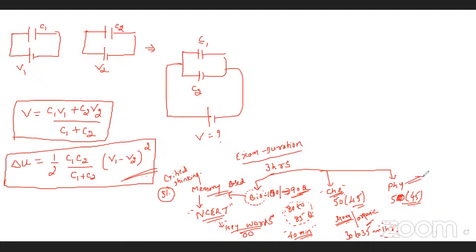Coming to the deciding factor: it is decided by physics only. As you know, out of 45 questions, a minimum of 40 questions are based on numericals. So you have to build the capacity of solving numericals very fast.